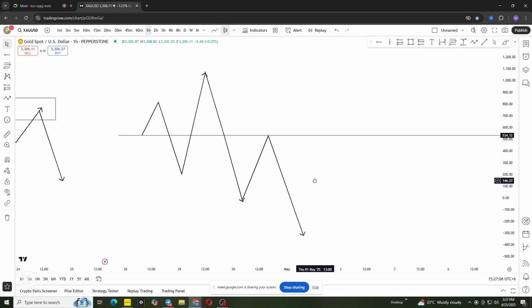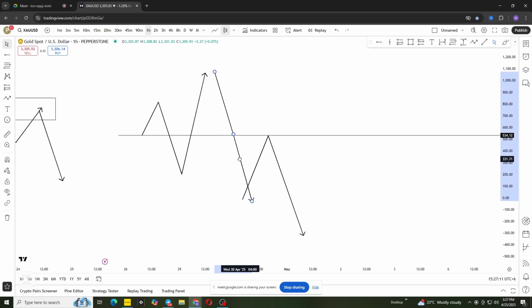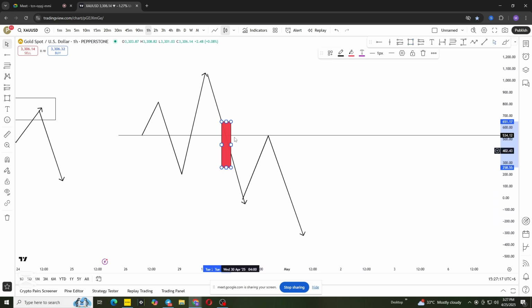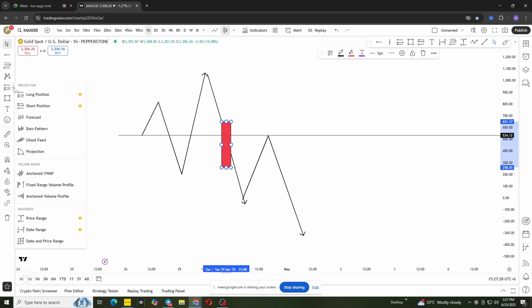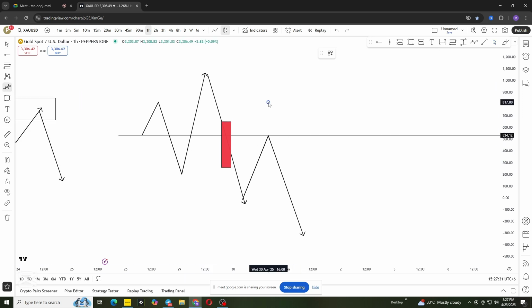Now one thing you also need to understand is how this fail needs to happen. When the fail happens in a somewhat sharp way, it needs to fail with a little bit higher volume. If it happens like this, then you can use it as a failed one. But sometimes you will see the market fade like this.